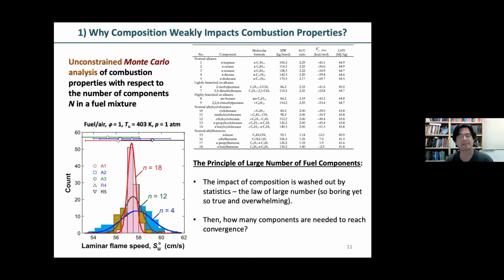As an example, what I'm plotting here is the structure of an adiabatic flame. Let me explain slowly, okay? I have the temperature profile, I have the cold boundary, and this is an adiabatic flame.